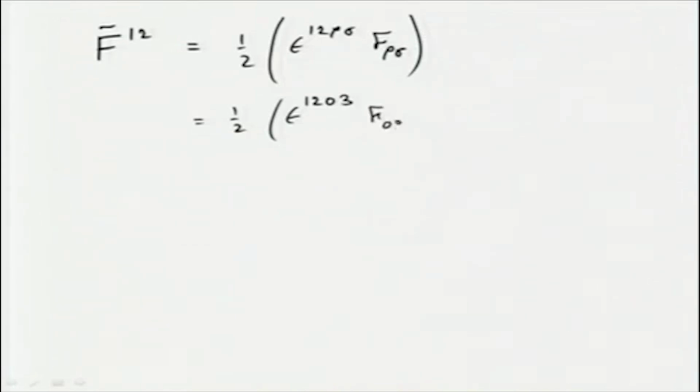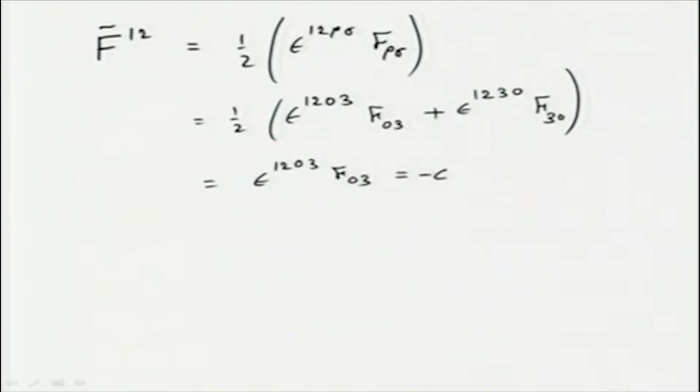So, F 0 3 plus epsilon 1 2 3 0 rho equal to 3, the other possible value F 3 0, and that gives us epsilon 1 2 0 3 F 0 3, and epsilon 1 2 0 3 is minus epsilon 1 0 2 3, where I have interchanged 2 and 0, the second and third indices, which again to get into a form epsilon 0 1 2 3 I have to interchange 1 and 0, the first two indices.